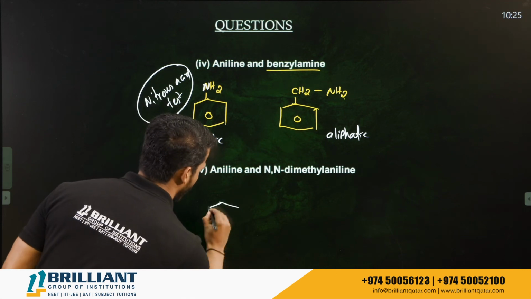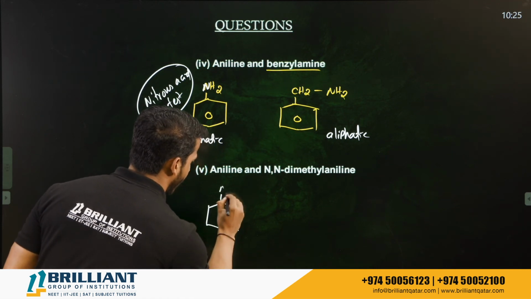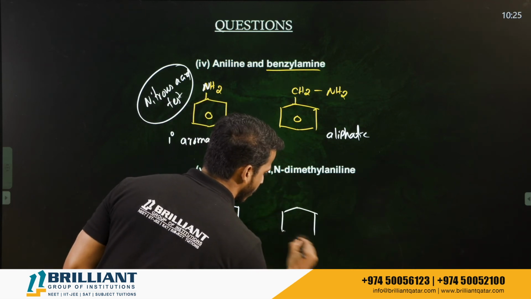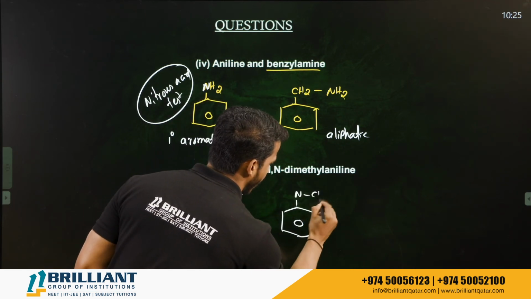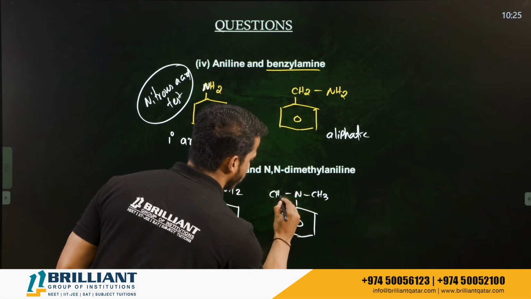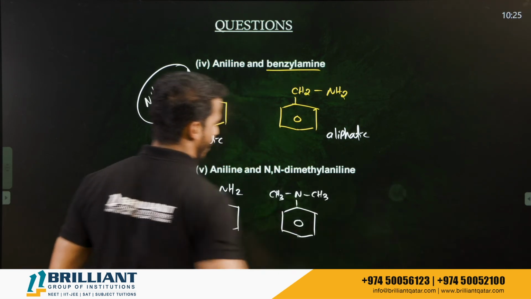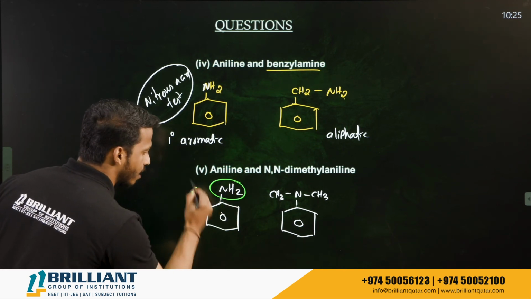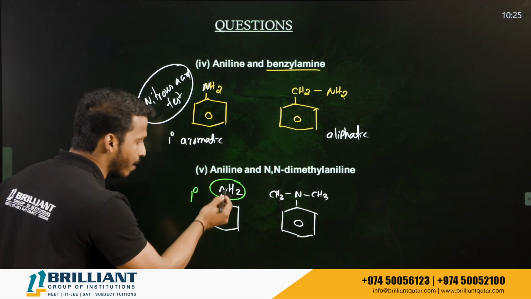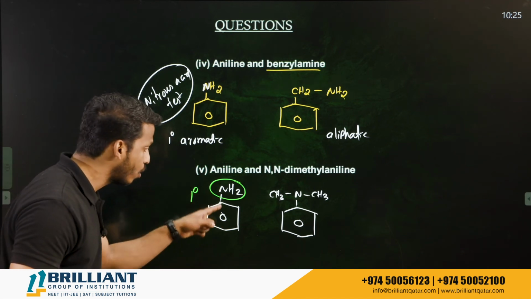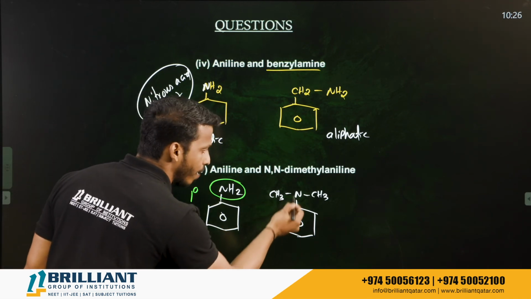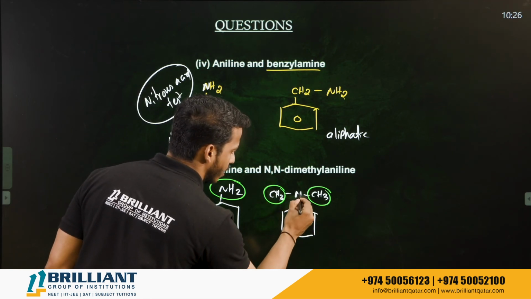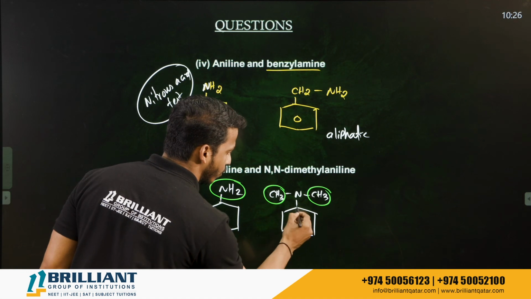Next one, aniline, which is once again benzene with NH2, and N,N-dimethylaniline, because the nitrogen has 2 methyl groups. Amines containing an NH2 group are called primary amines. Aniline is a primary aromatic amine because the nitrogen is on the benzene ring. This is also aromatic because the nitrogen is on the benzene ring, but it is tertiary, because the nitrogen is connected to 3 carbons.